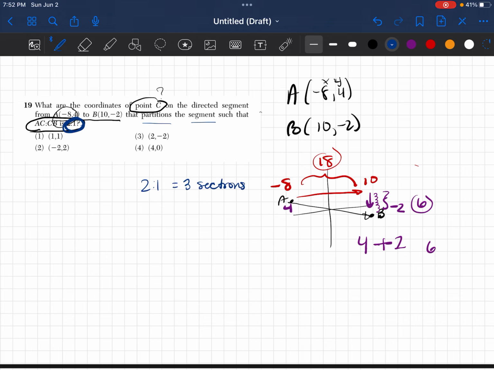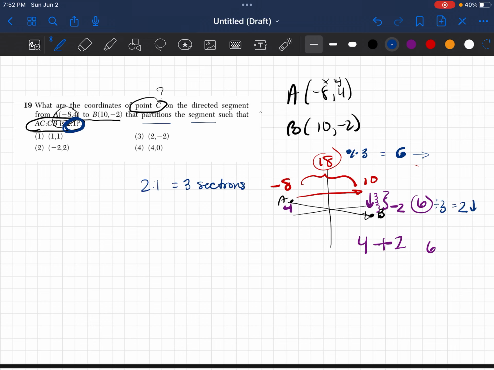So what I'm going to do is use the changes that we found here and divide them into 3 pieces to find out what each of those pieces are. So 18 divided by 3 equals 6. There's a change of 6 units to the right for each section. And I'm going to divide 6 by 3.